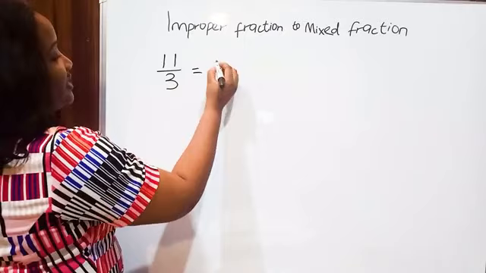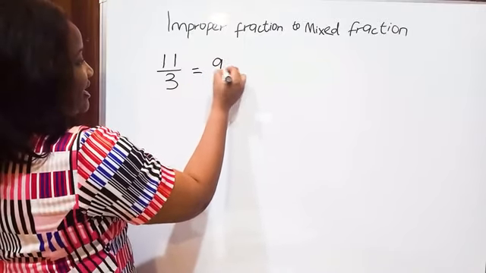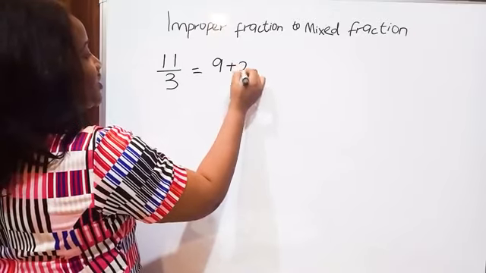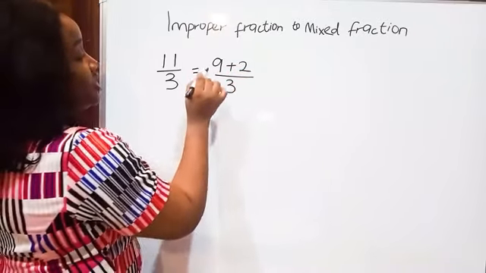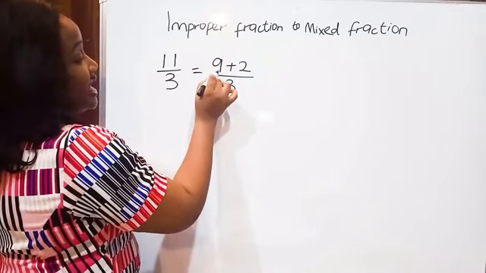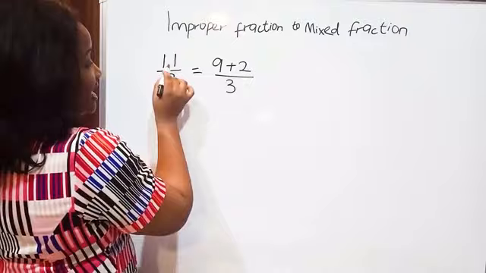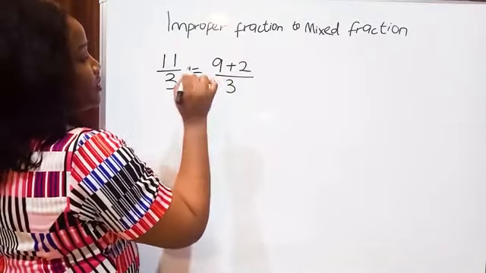So 11 over 3 will give us 9 plus 2 over 3. Now we chose 9 because 9 is a multiple of 3, the closest multiple of 3 to 11. Okay, so 9 plus 2.